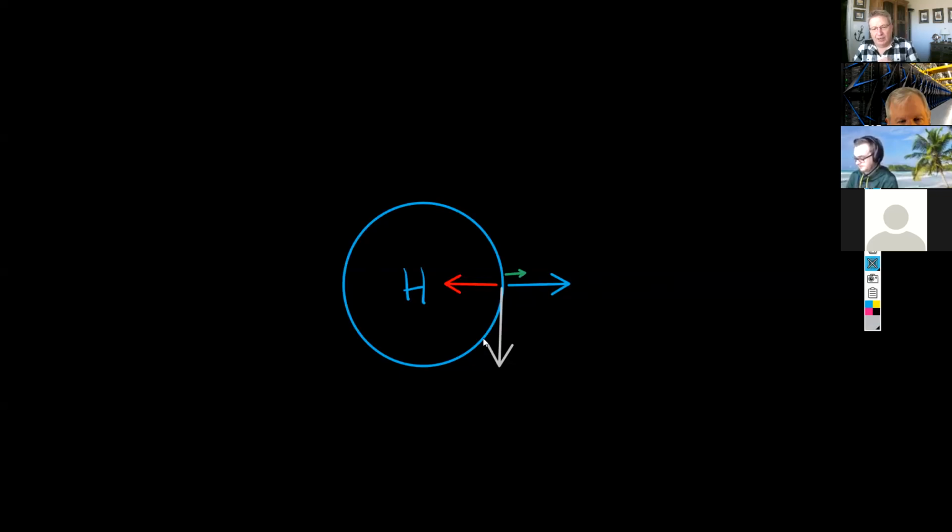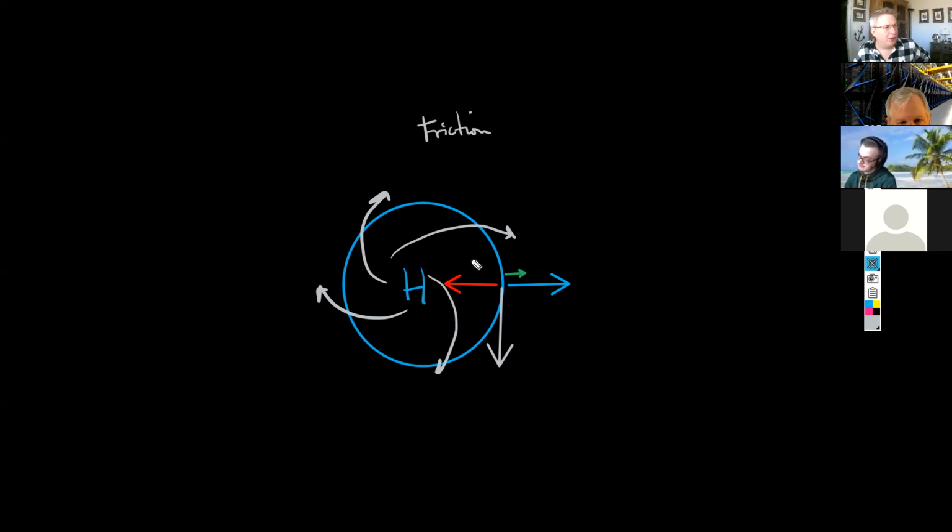But if that were the case, then how would the flow be? Jim, you even drew a picture like this, right? It's going to diverge. But why does it diverge? Because of friction. But in a hurricane, there's no friction at the top of the atmosphere.